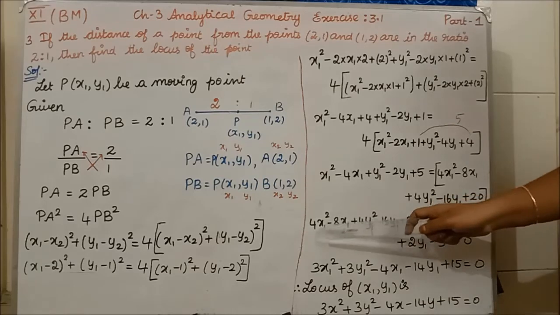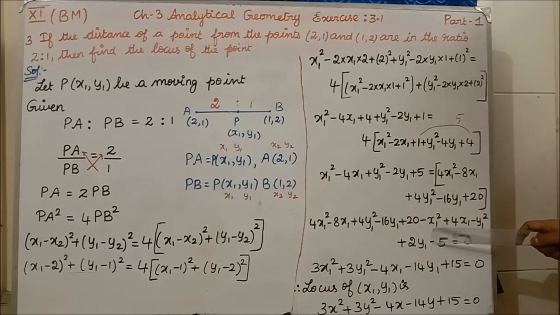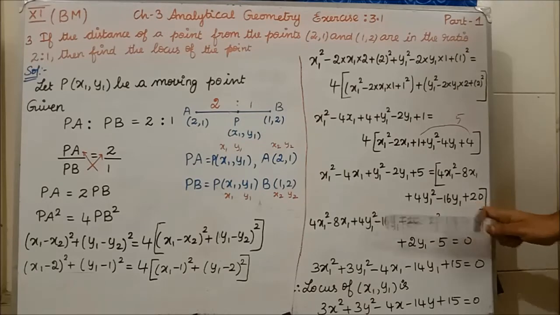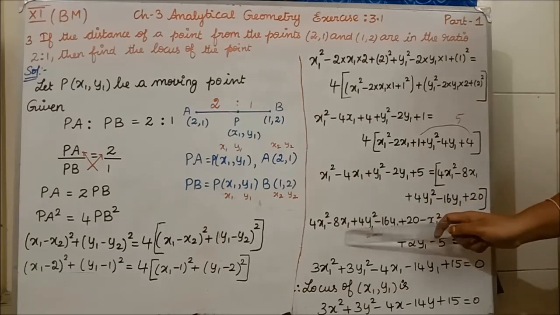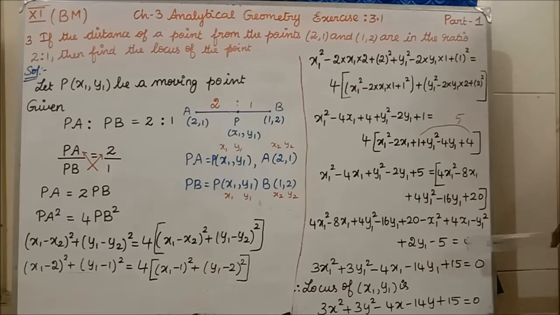Clear? Here 4x1 square and minus x1 square give 4 minus 1, which is 3x1 square. Then 4y1 square and minus y1 square give 3y1 square. Next, x1 terms: minus 8x1 plus 4x1 gives minus 4x1.